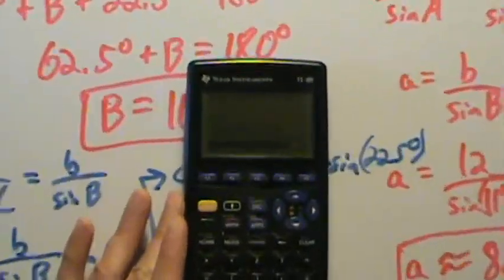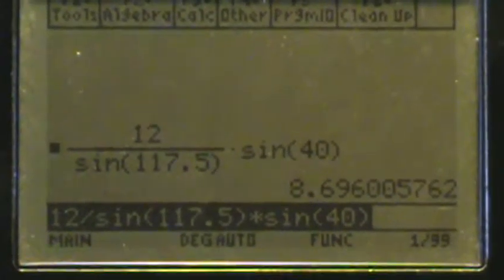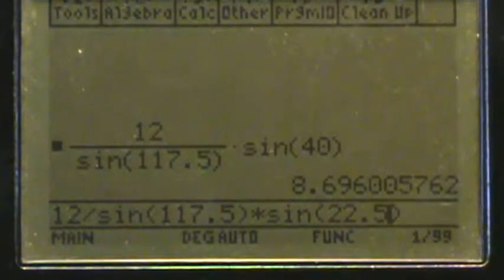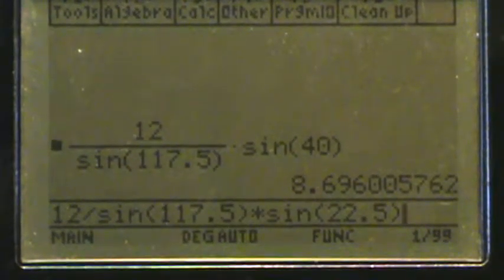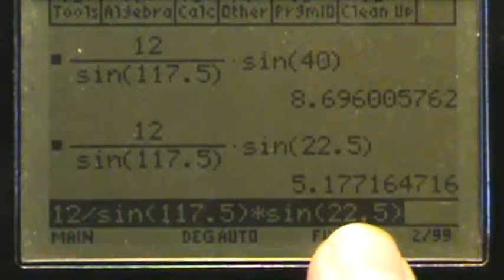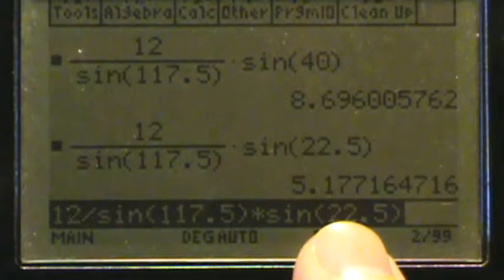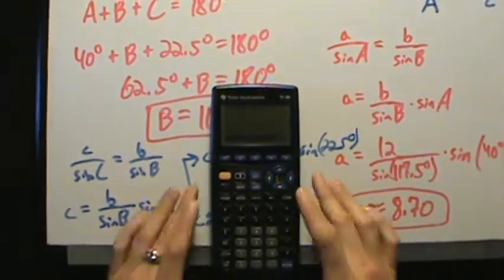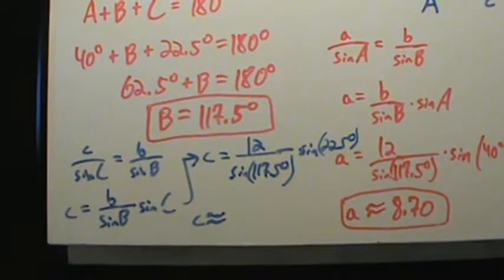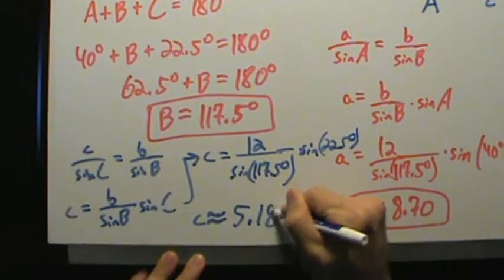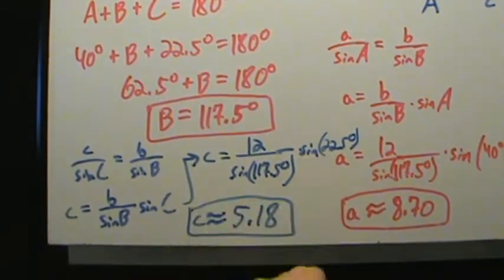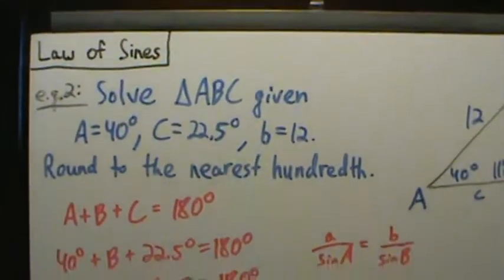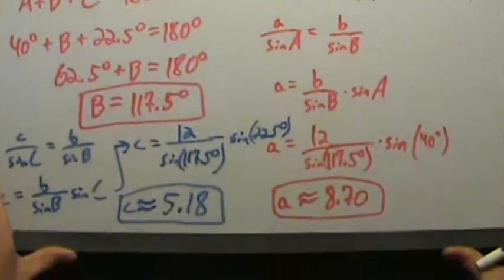We already have 12 over sine of 117.5, so all we had to change was multiplying by the sine of 22.5 degrees. That is approximately 5.18 if we round to 2 decimals. So c is approximately 5.18. We weren't given any units, so we could just write the word units here and here, but it doesn't really matter. So that's example 2 with the law of sines, and here are the answers again.